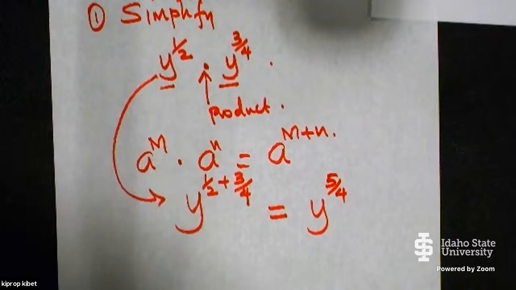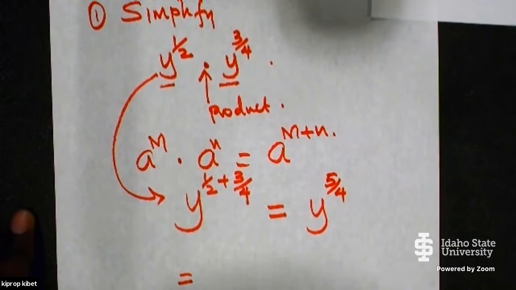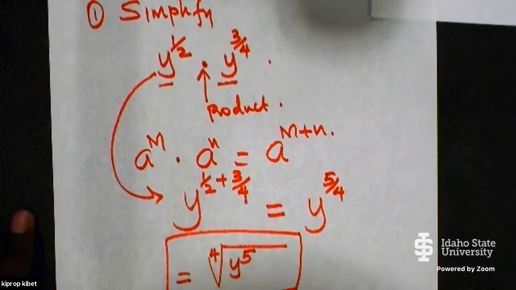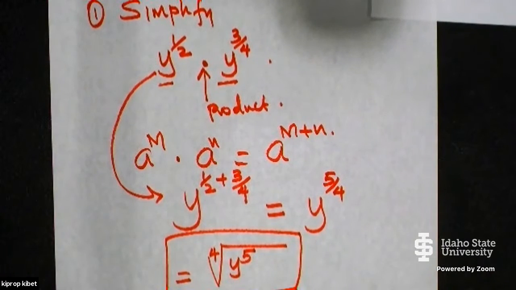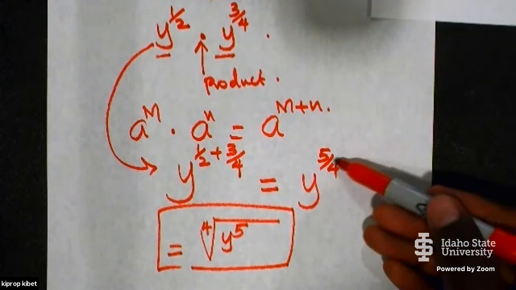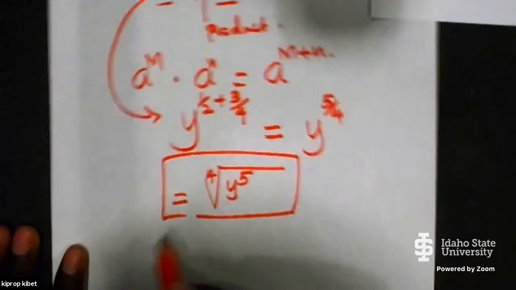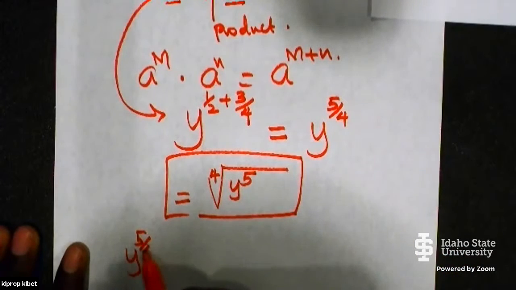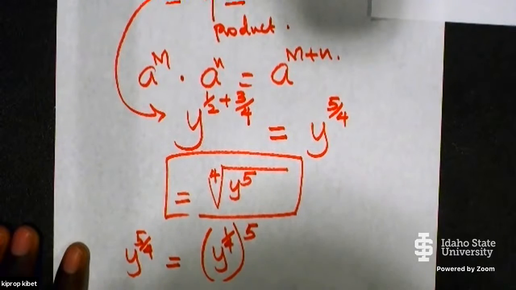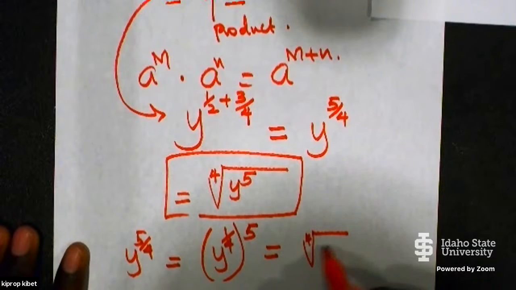which we can still write as y raised to what? 5. So we can still write that like that. Because y raised to 5 over 4 is similar to y raised to 1 over 4 raised to what? 5, which is equal to the fourth root of what?